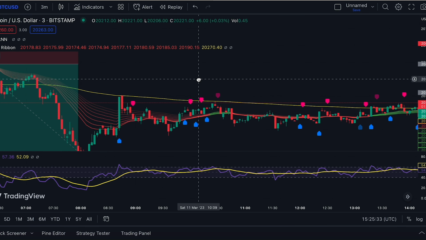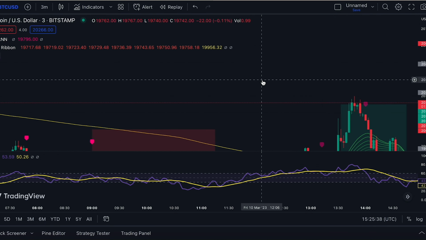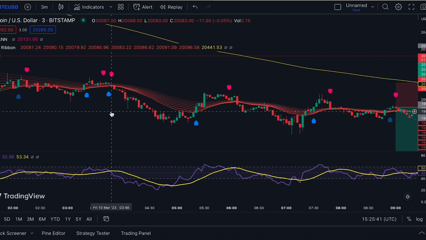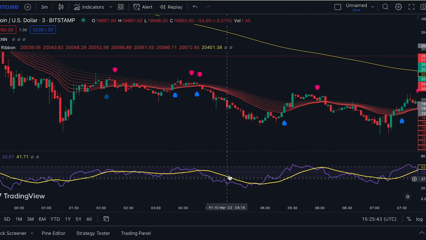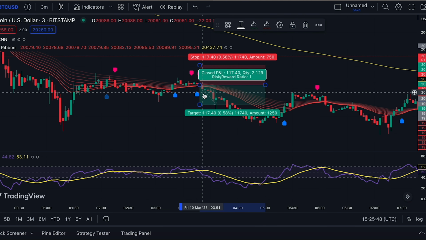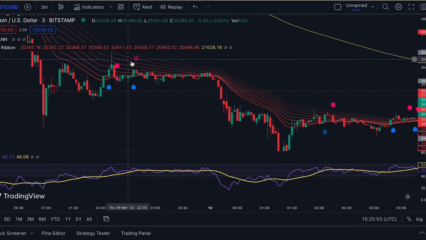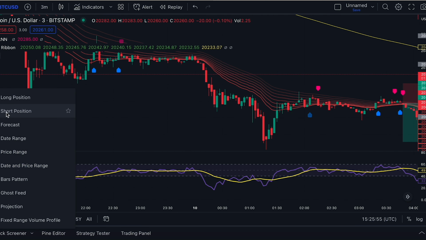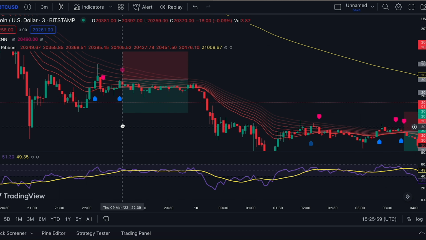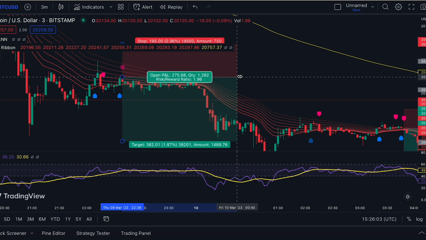If the ribbon is sloping upward, the market is in an uptrend. If it is sloping downward, the market is in a downtrend. Based on the trend's direction and the price's position in relation to the moving averages, traders can use the EMA ribbon to help them spot possible buy or sell signals. Because it can clearly visualize trends and possible reversals, the EMA ribbon is a well-liked trading indicator among technical analysts.